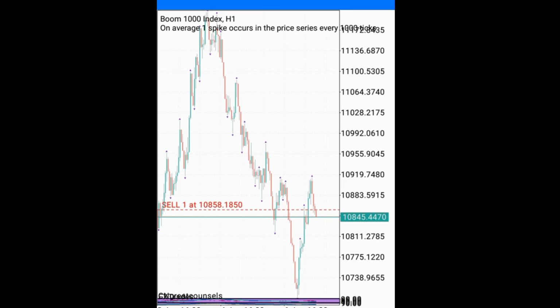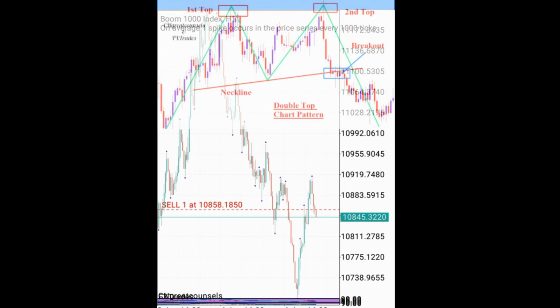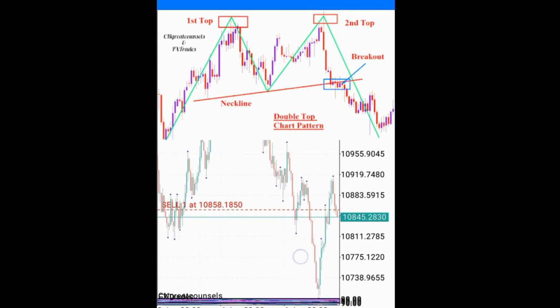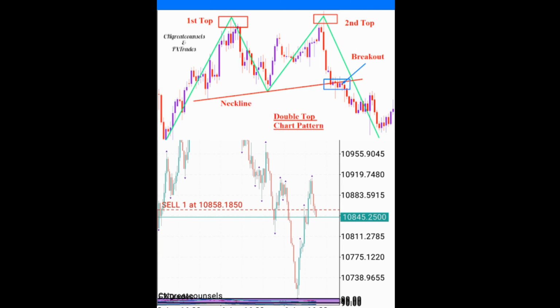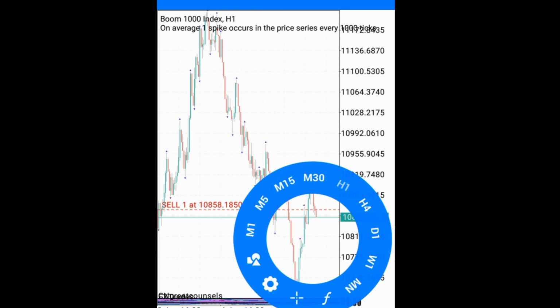Okay, and don't forget that I told you in the previous episode in this very series, that you may not always have an ideal pattern that will take exactly the shape as shown in the screen right now. Okay, this is simply because of the algorithm that drives trading these days, and its accompanying dynamism.